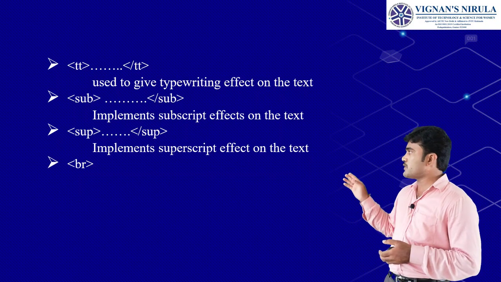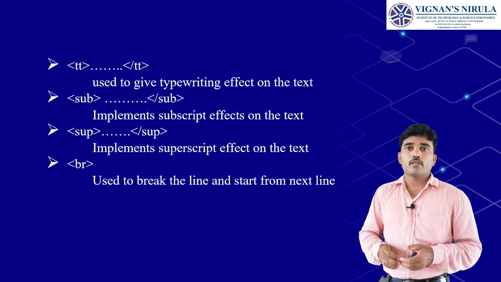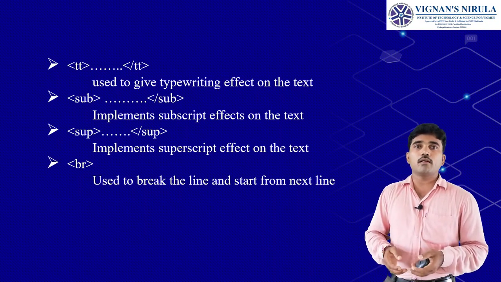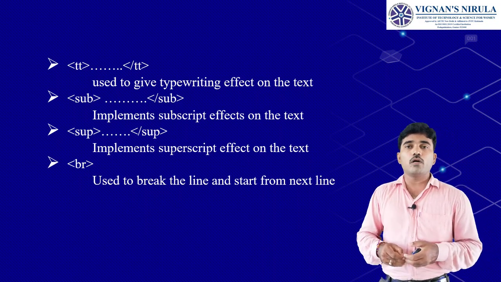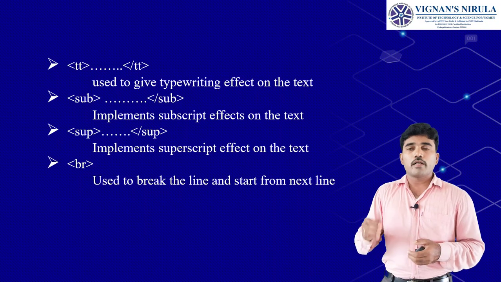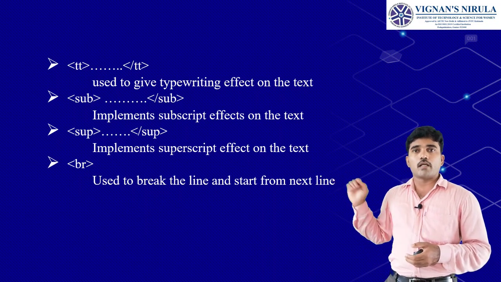And the next one is BR, which stands for break. Simply use it to break the line. Suppose in your C programming language, if you want to display the content in the next line, at that time you use \n. Understand? In the same way, here we are using the BR.